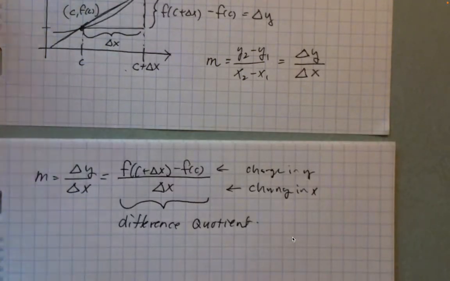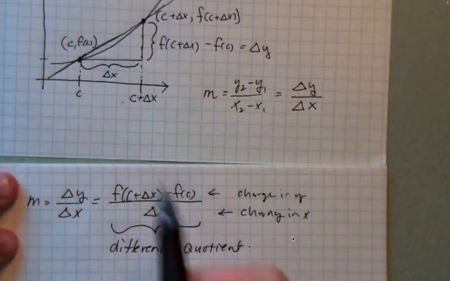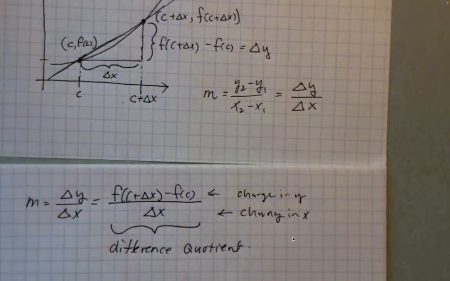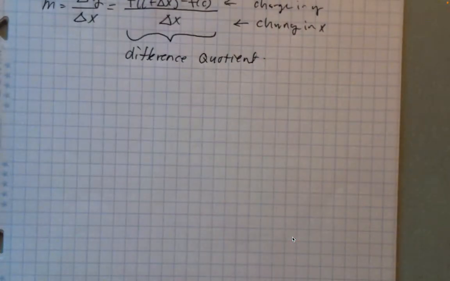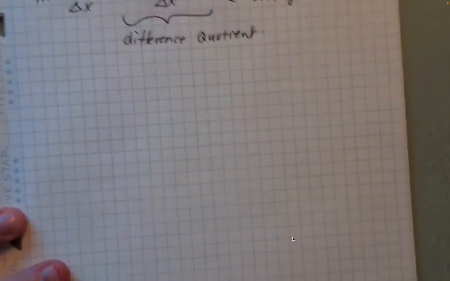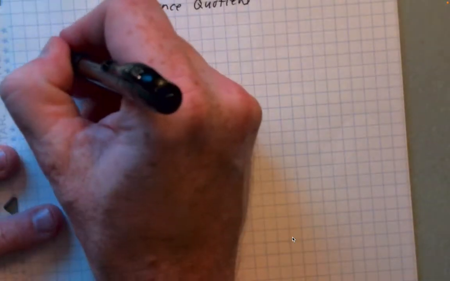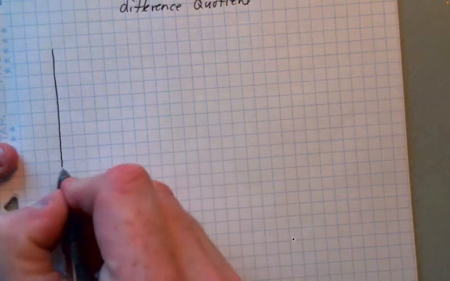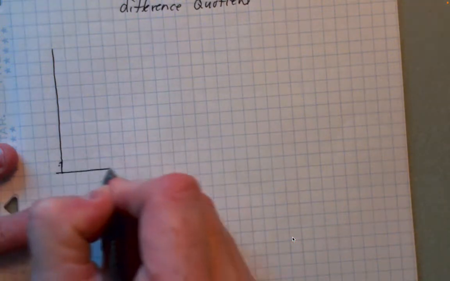Keeping this picture in our mind, the idea with the derivative can be summed up like this. Let me try to draw a reasonable picture. Try is the key word there.